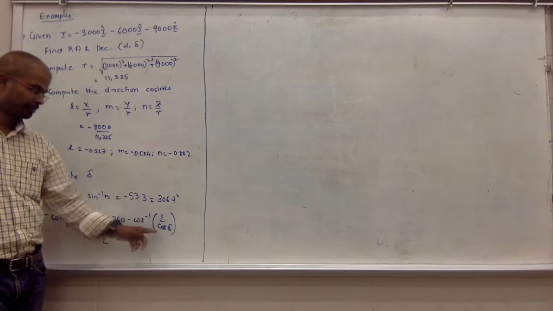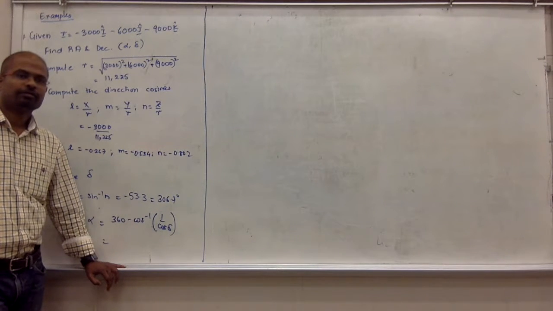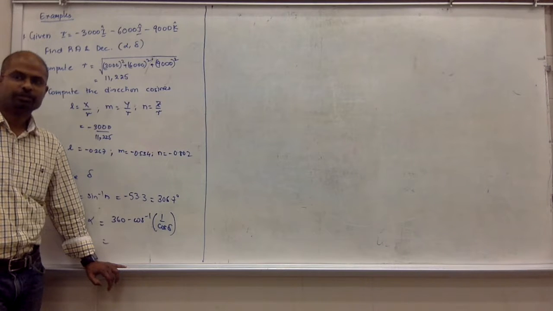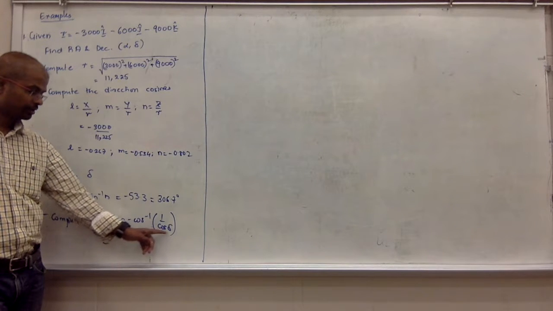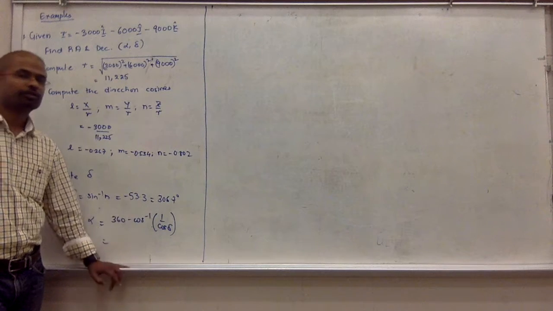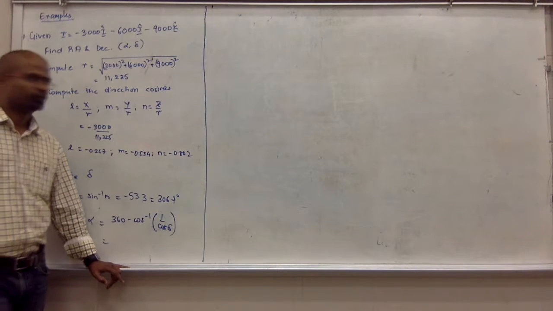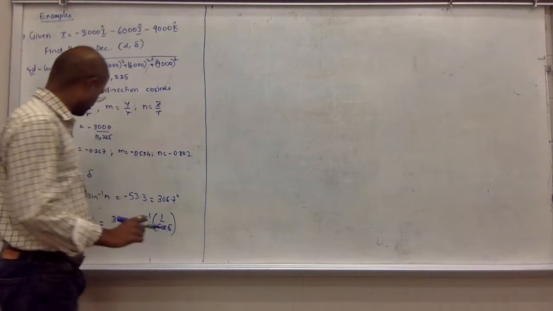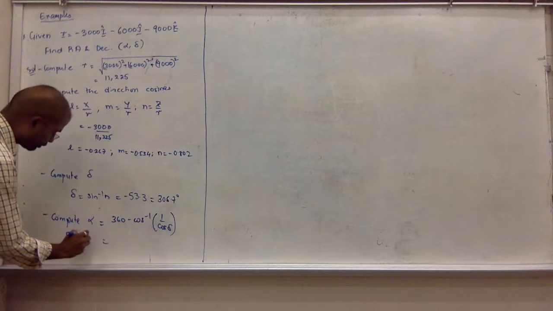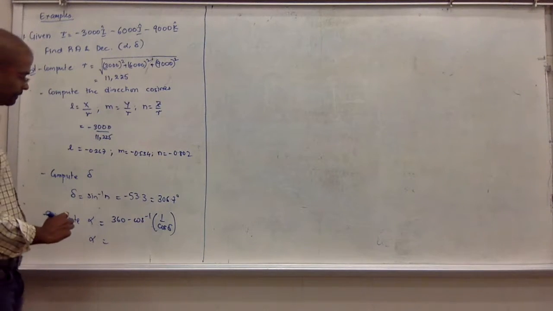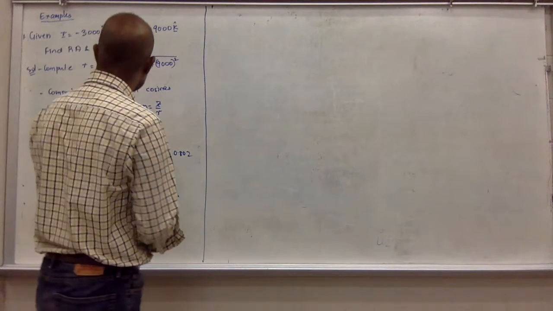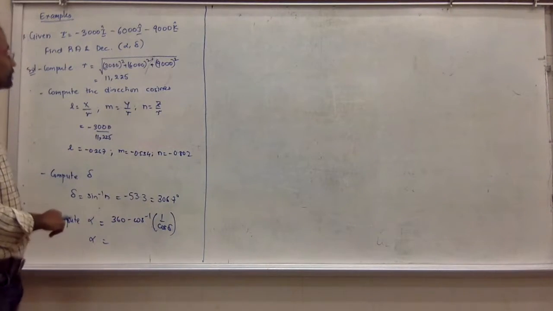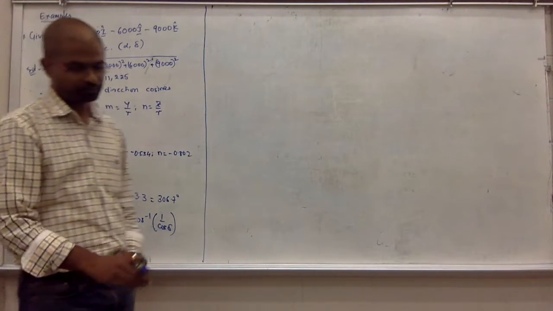What do you get inside this? You get a value, right? So this is going out of range. So figure out what we do when it goes out of range. Okay? But this is how you go about computing the right ascension and declination.